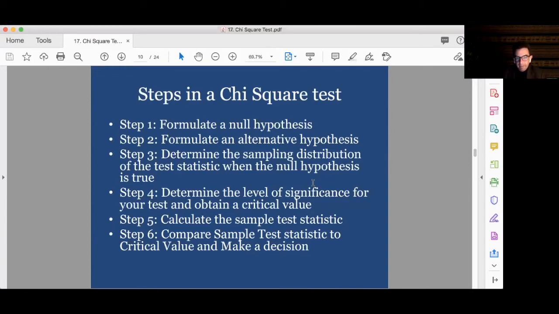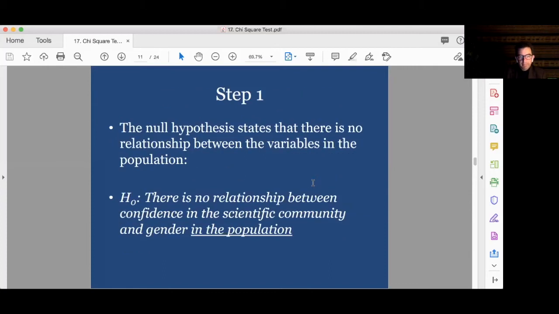And then in step 5, you're calculating the test statistic for your table and comparing it to the distribution of tables where there is no relationship. And in step 6, you make a decision based on that comparison, right? So let's go step by step.